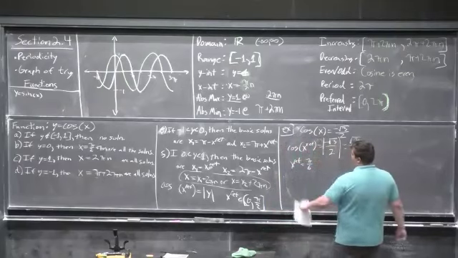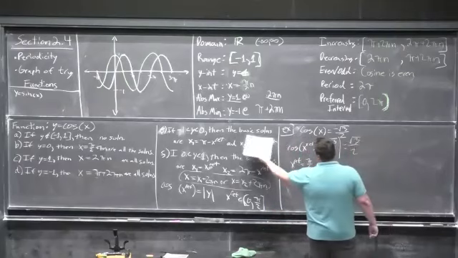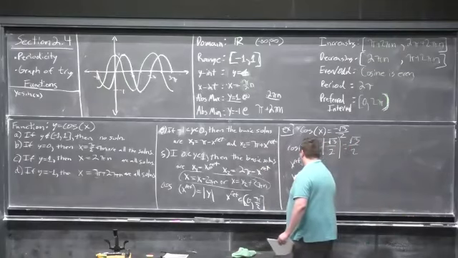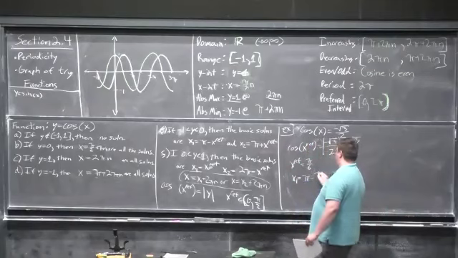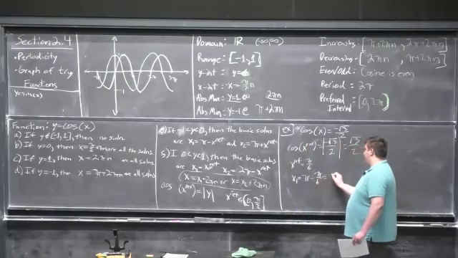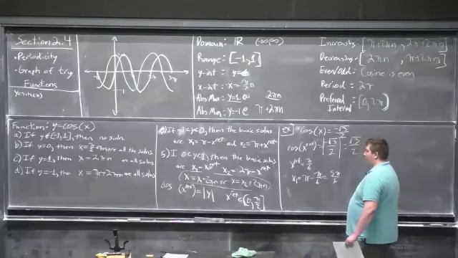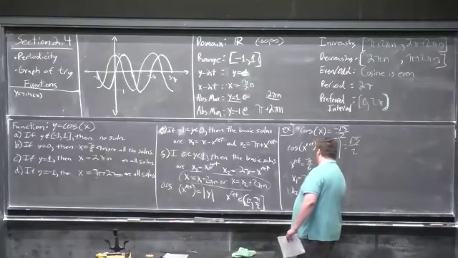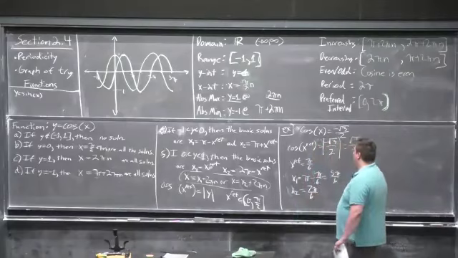So we're going to plug this into our facts here, and we say, okay, x1 must be pi minus pi over 6, which is 5 pi over 6, and x2 is equal to 7 pi over 6.